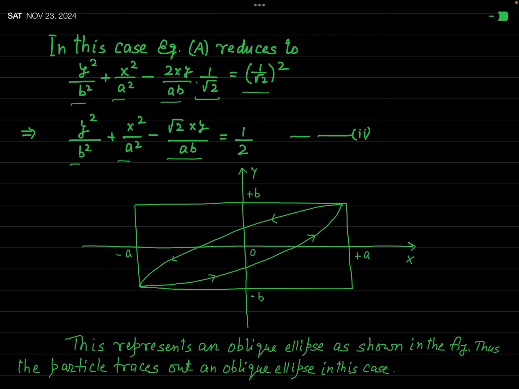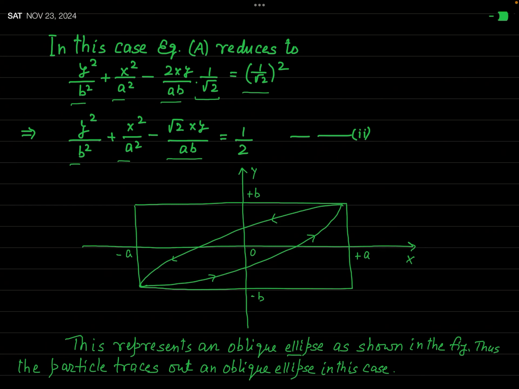If you look at this equation carefully and you have an idea of the mathematics of ellipse from your course of coordinate geometry, you can easily say that this equation is actually the equation of an oblique ellipse, as you can see in this figure. So in this condition, the particle will trace out an oblique ellipse, and this ellipse will be described in anti-clockwise sense.